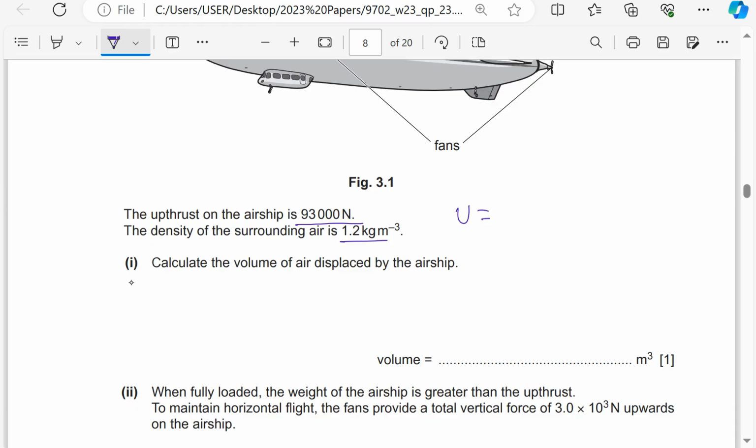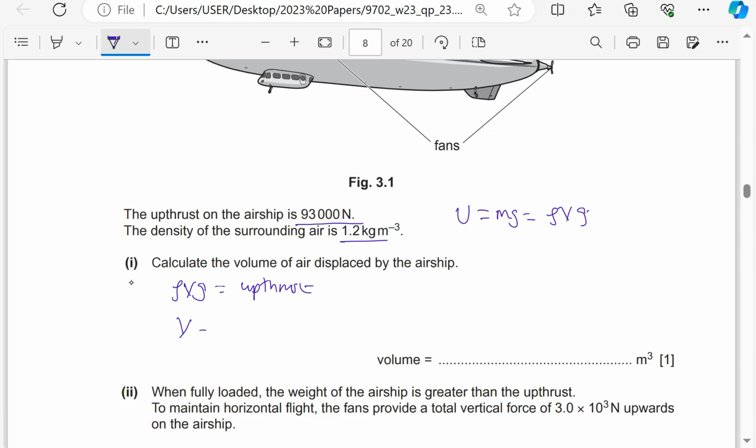So upthrust is equal to the weight, which is mg, which is going to be density times volume, then times g. So we want the volume. So the upthrust, density times volume times g, is equal to the upthrust force.